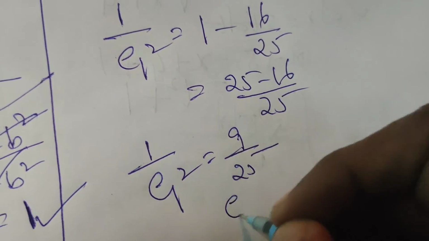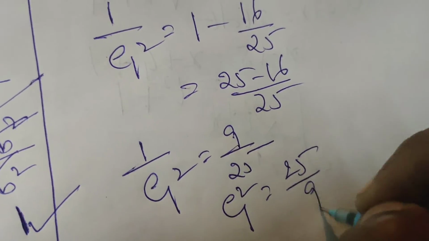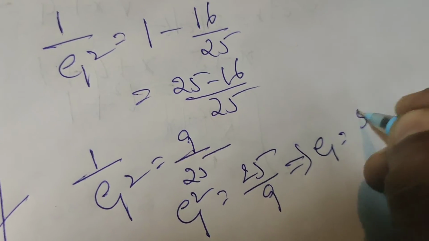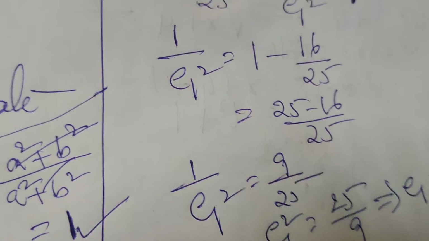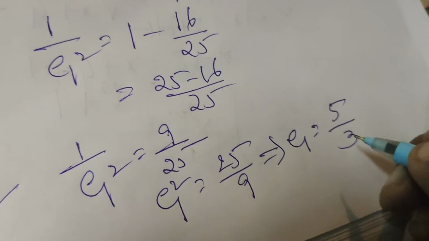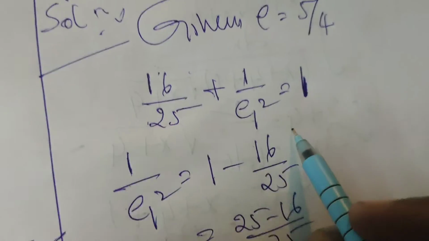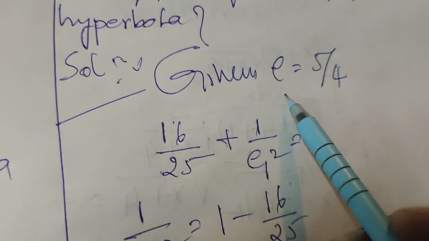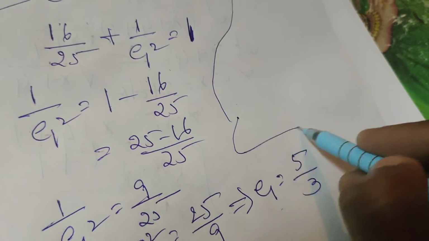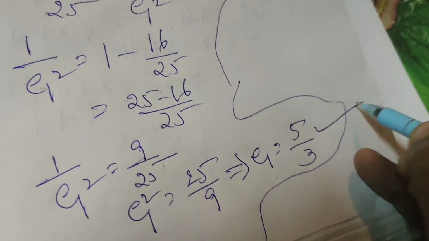Next, e1 square equals 25 by 9. That implies e1 equals 5 by 3. This is e1, this is e. Now the answer is e1 equals 5 by 3.